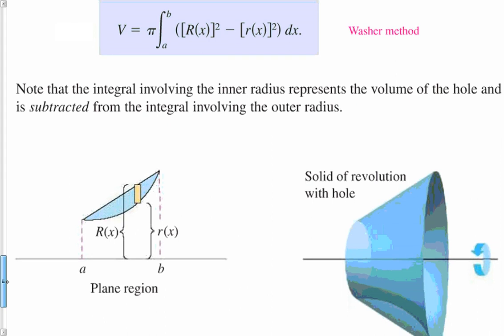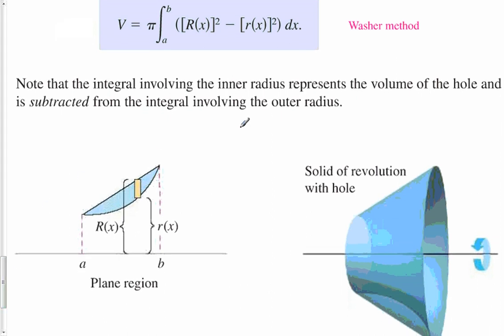So we have the little radius, which would be this curve function right here. That would be the inner radius because we're going to revolve around this axis. The plane region is this blue region that we're going to revolve around this axis.